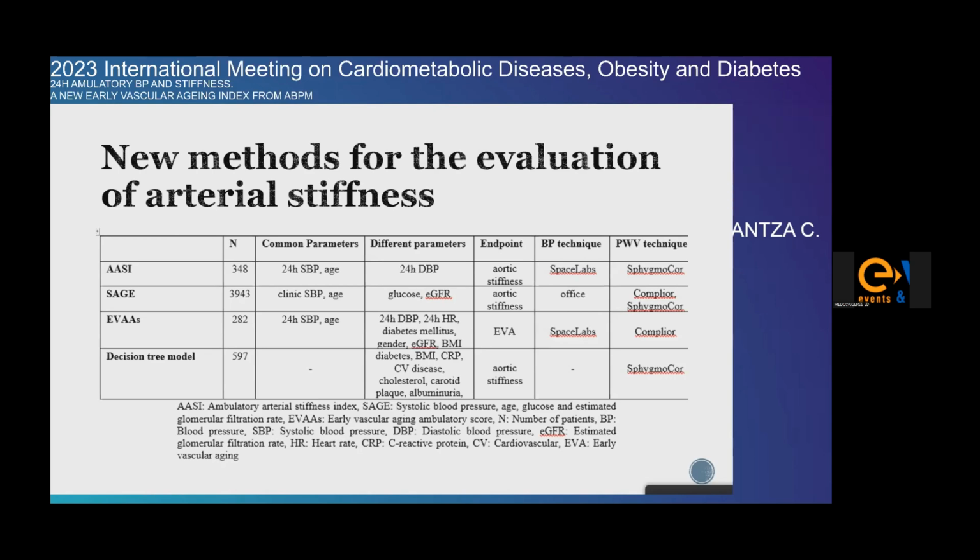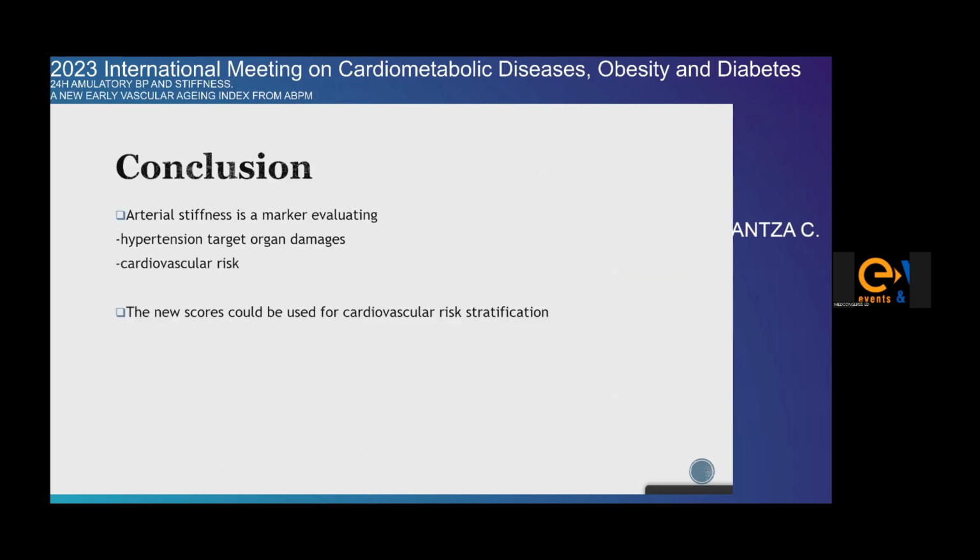This is a problem because in clinical practice we do not have all these determinants available, such as not only diabetes, but also the existence or not of cardiac plaque and albuminuria, and the endpoint is again aortic stiffness.